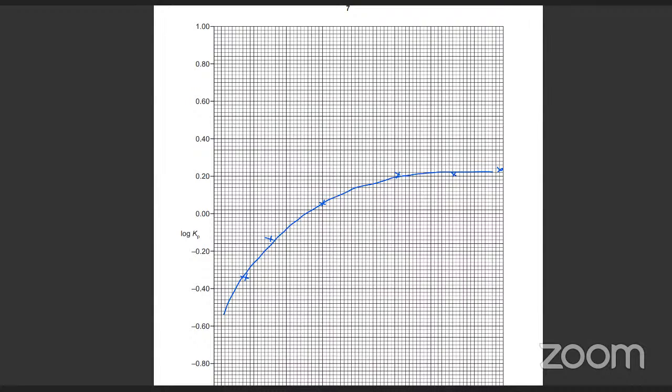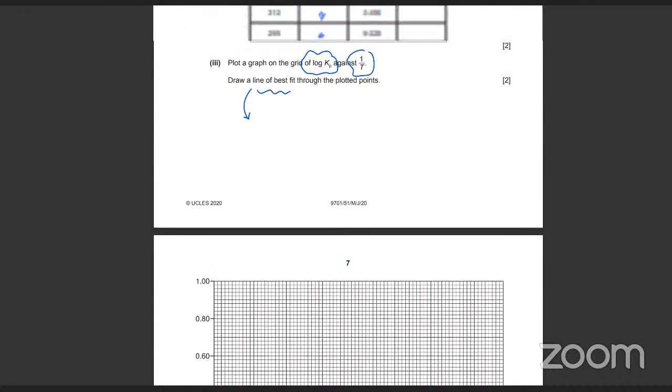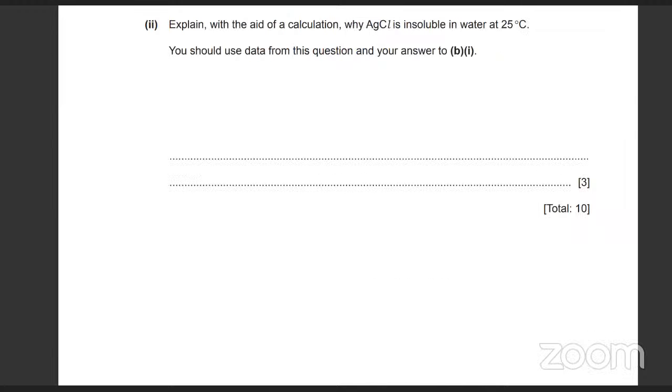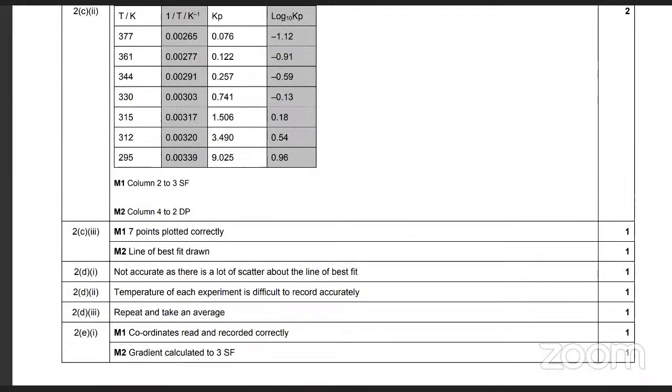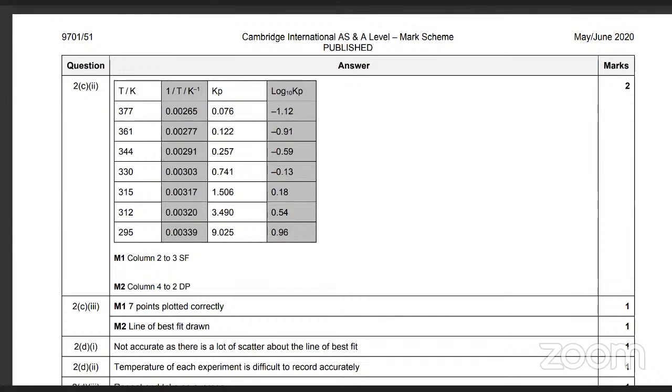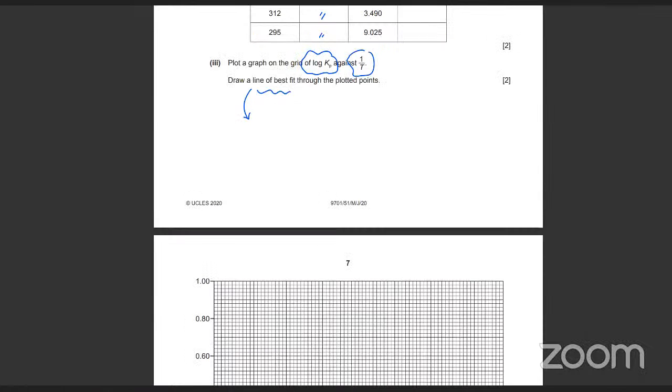It depends on the data that you have. We can check the marking scheme for this one. So there's a line of best fit drawn. You would have to plot the whole data and then see what happens.